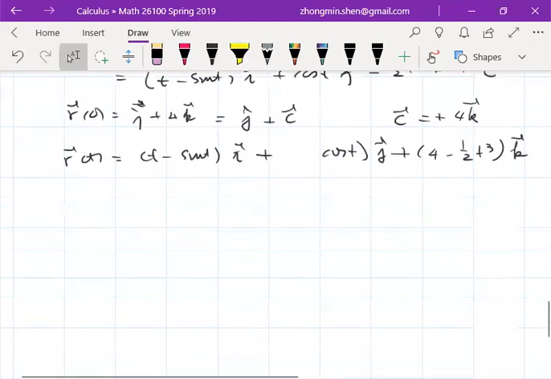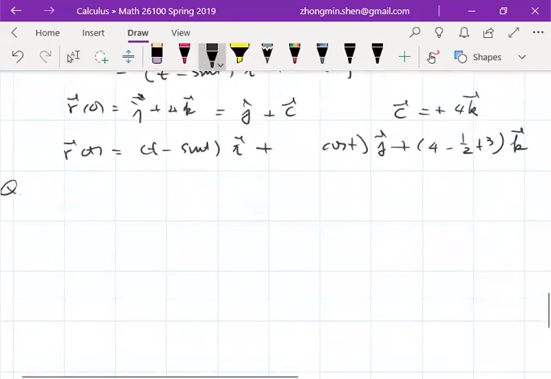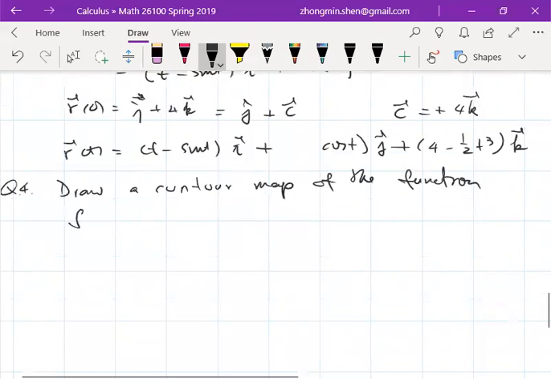Okay, so next problem, we probably did that for the quiz. So next problem is we're going to draw a contour map of the function f of xy equals.